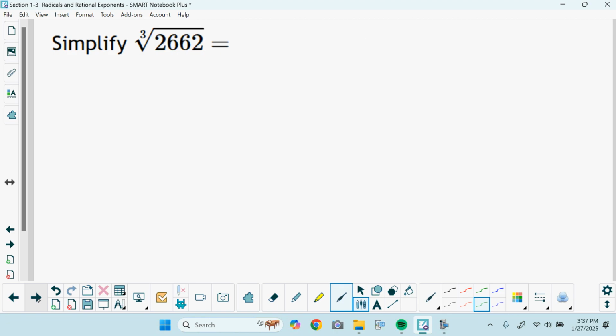Okay. Now let's look at this one. This one is a cube root, so it's a little bit different. On square roots, we were looking at perfect squares. On cube roots, we'll be looking for perfect cubes. So what you have to understand is what some perfect cubes are. 2 cubed is 8, 3 cubed is 27, 4 cubed is 64, 5 cubed is 125, and you can go on up.